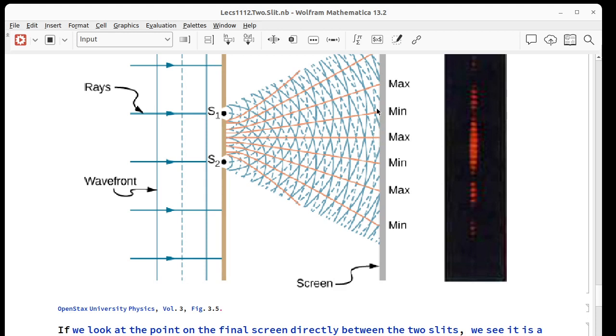If we go a little bit above that, the light from S2 has to travel a longer distance than the light from S1. This is how they get out of phase. This one will have to oscillate more. More waves will fit in here than will fit here. They end up exactly out of phase at this point, and we get a dark spot.